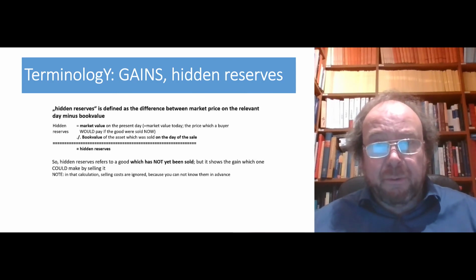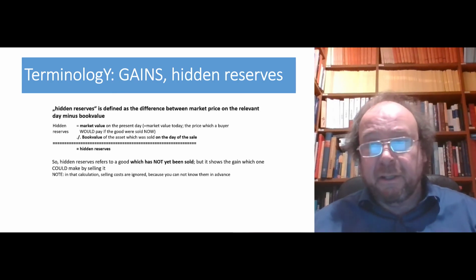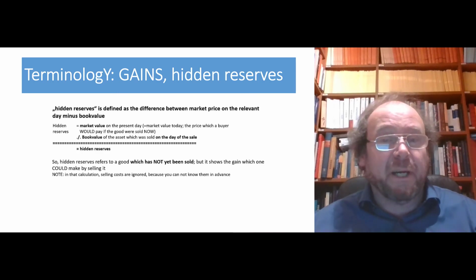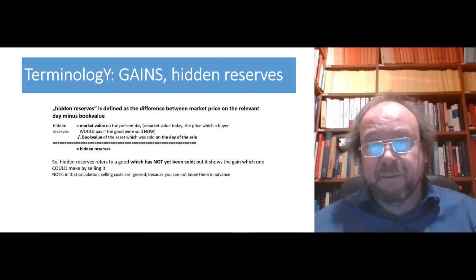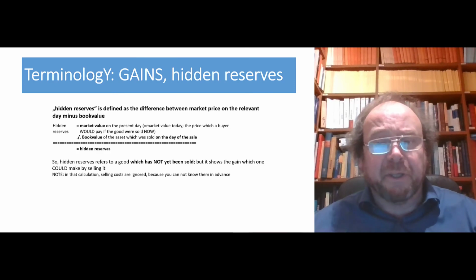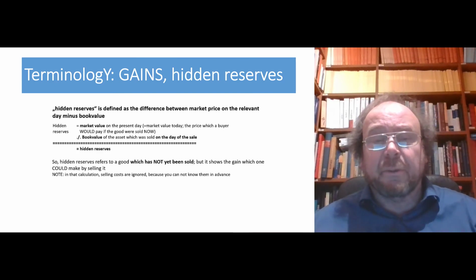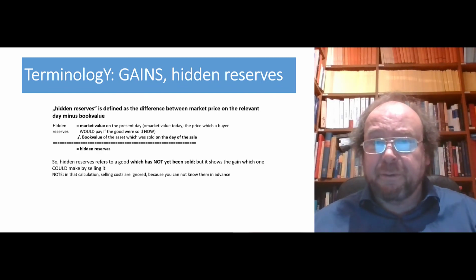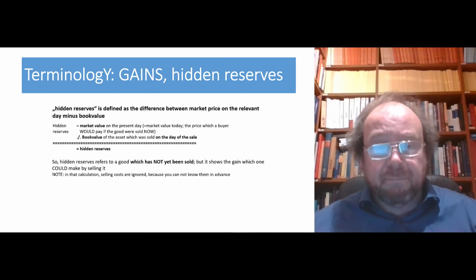Has nothing to do with that you want to hide it. It's just hidden by accounting principles. You don't see it. Well, that's the reason why traditionally it's called hidden reserve. It's a bit confusing, but just accept it. That's a technical term. So hidden reserves refer to things which have not yet been sold, but a gain could be made.